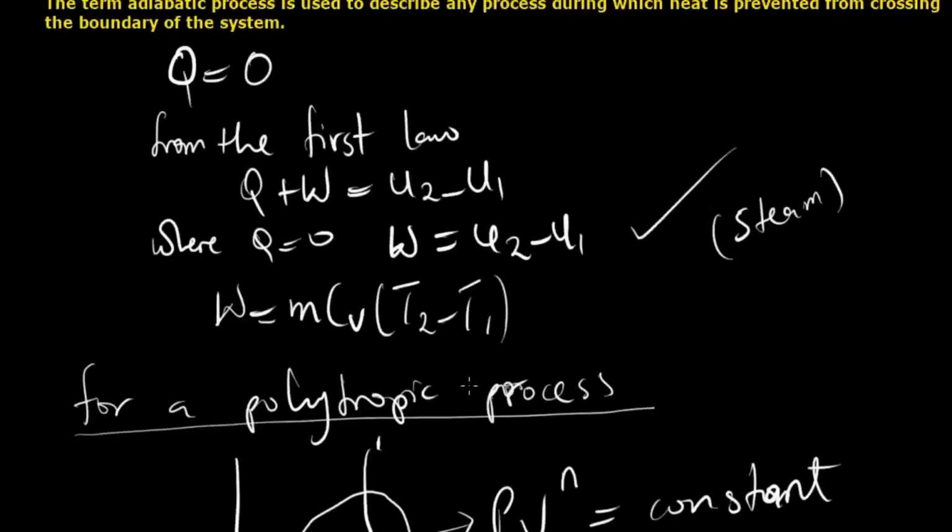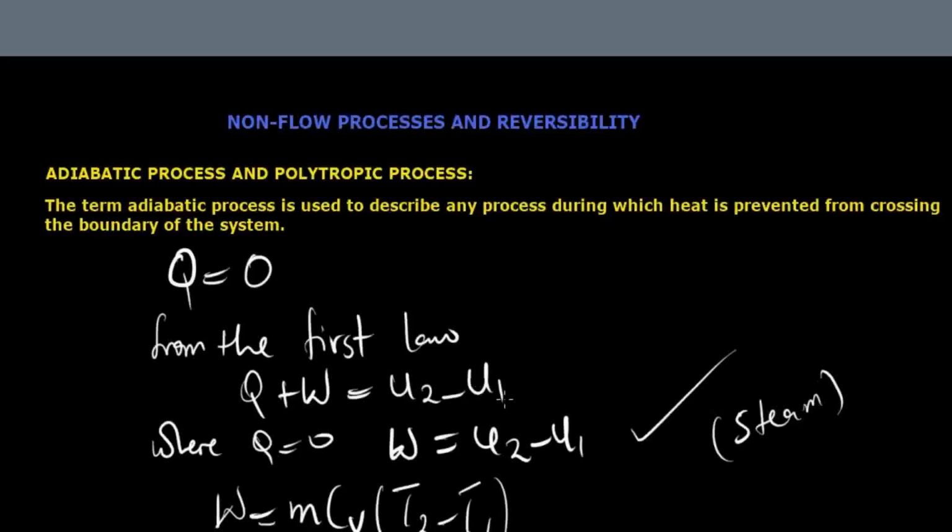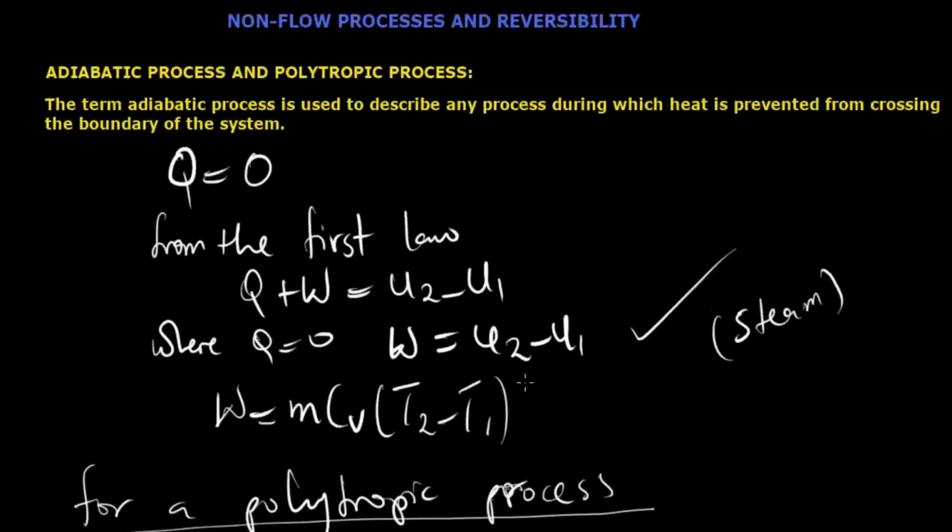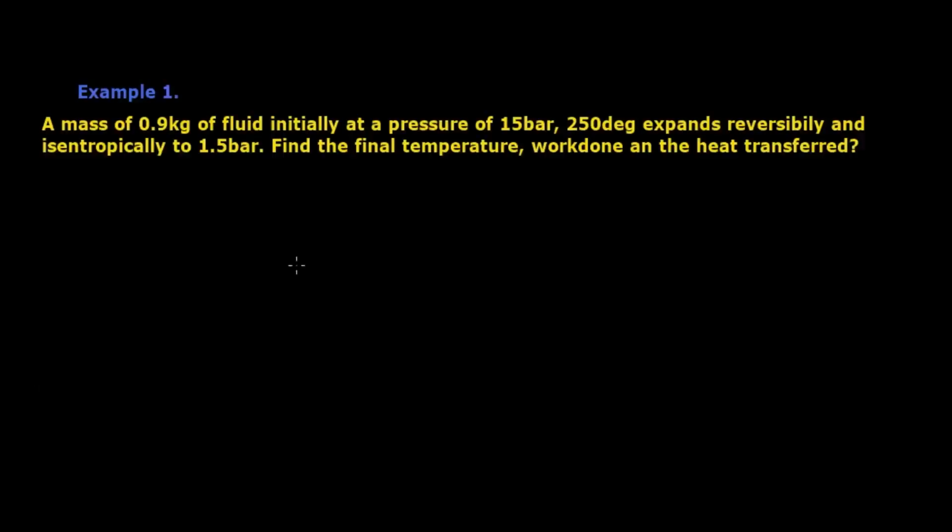So without wasting much time, let's take a look at some questions under this to help warm things up. So let's look at this question. A mass of 0.9 kg of fluid. Remember the word fluid.